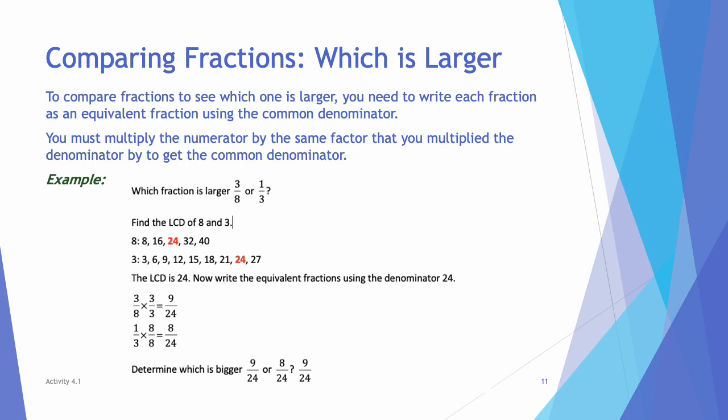For 1/3, we multiply the numerator by 8, since we multiplied the denominator by 8 to get 24. So the built-up fraction of 1/3 with a denominator of 24 is equal to 8 over 24. So which is larger, 9 over 24 or 8 over 24? The fraction with the largest numerator is the larger fraction, so the largest fraction is 9 over 24.